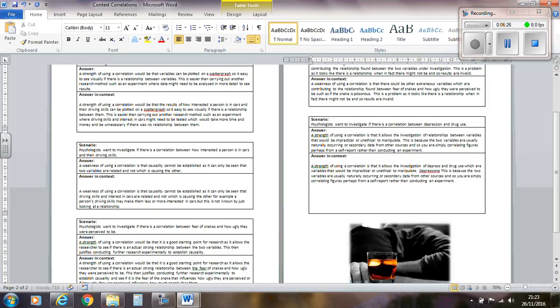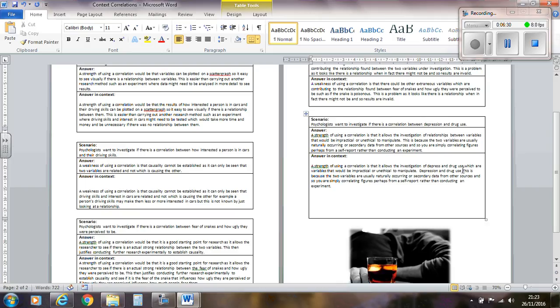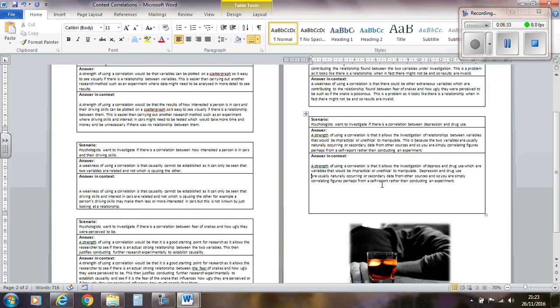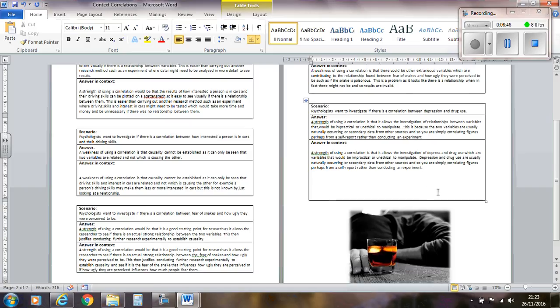Depression and drug use are naturally occurring or secondary data from other sources, and so you're simply correlating figures rather than conducting an experiment.